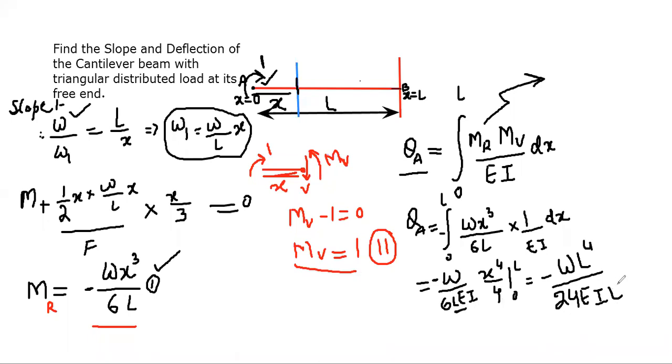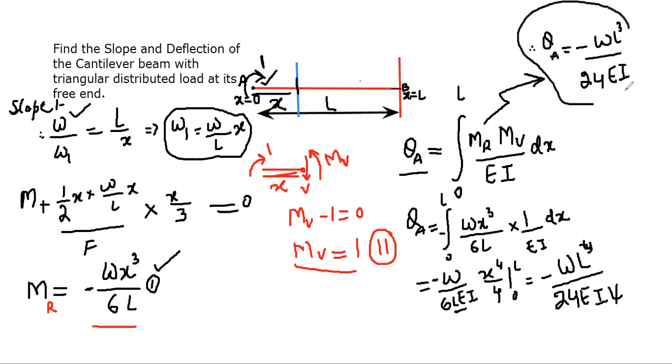This L and 1 L will cancel, it will be L cube. From here we obtain the value of the slope at point A is equal to minus w L cube divided by 24 times EI. Okay, this is the value of the slope of the beam at point A.